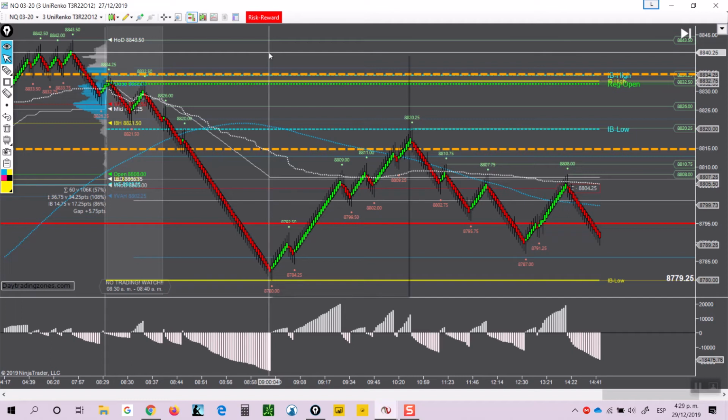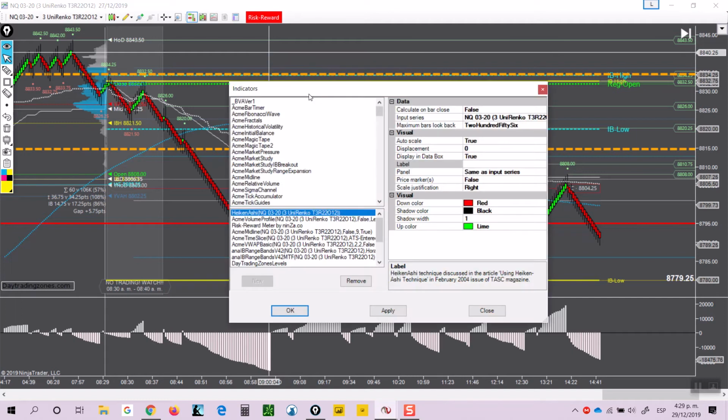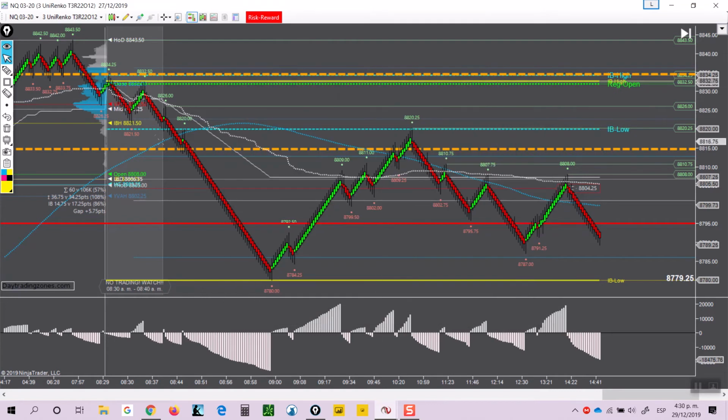I can show you my indicators here. I have set the Heikin-Ashi on top of the Renkos, and then a set of indicators that help me come to this looking chart.